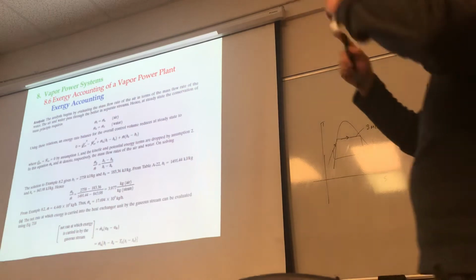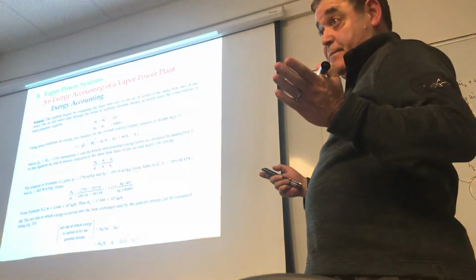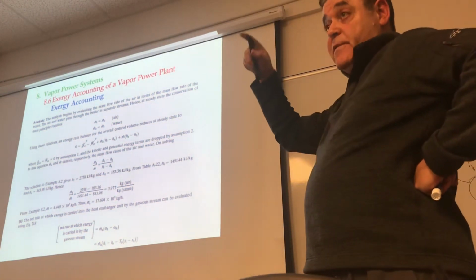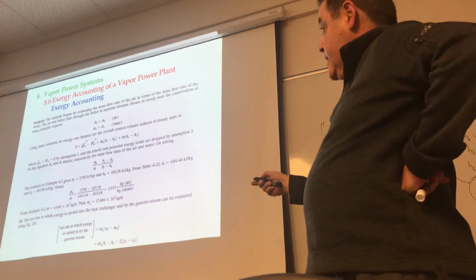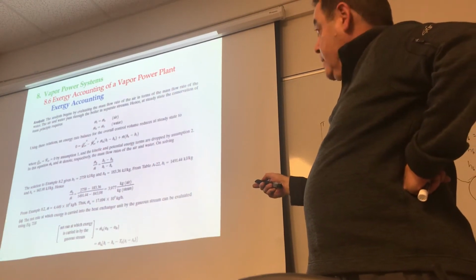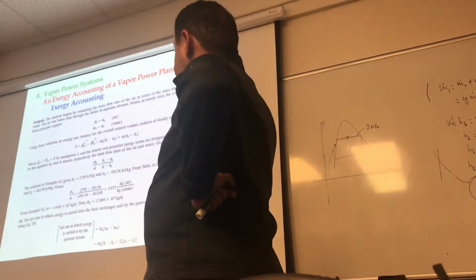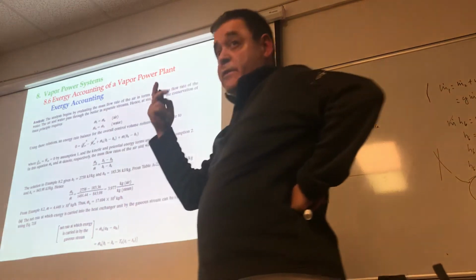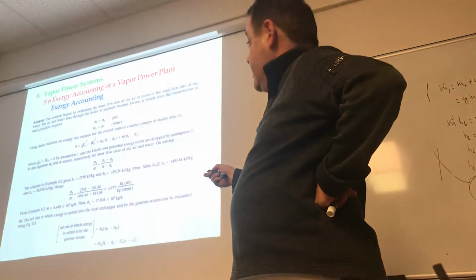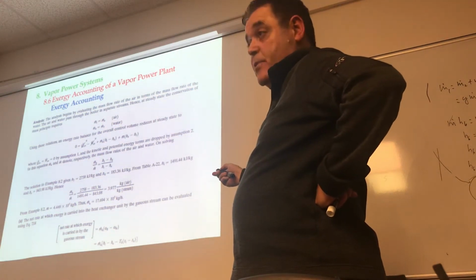Now, because this is an open system, the first law of thermodynamics applies, right? What does the first law of thermodynamics say? Remember, dE/dt, which is 0, is equal to Q control volume minus W control volume plus m dot of the air. There are 2 fluids. M dot of the air times the change in enthalpy, inlet minus exit, plus m dot of the water times h4 minus h1.